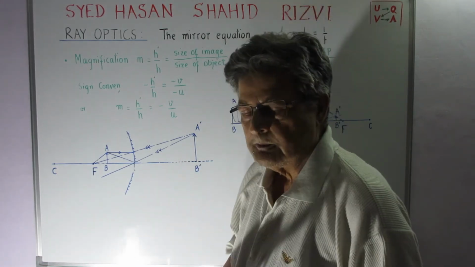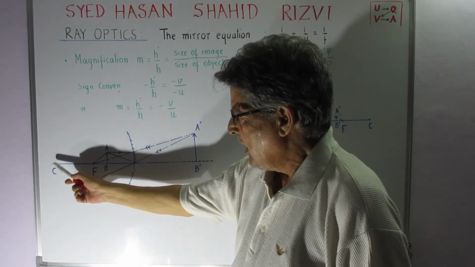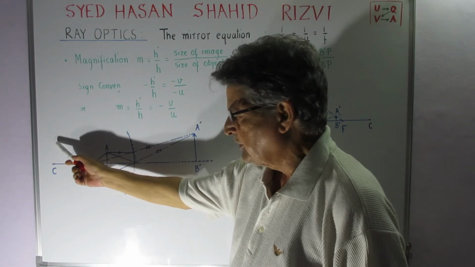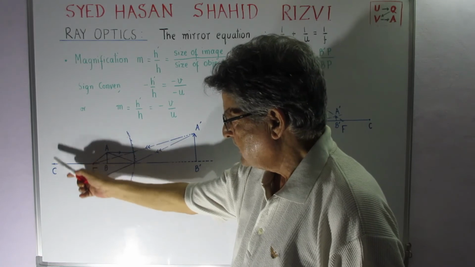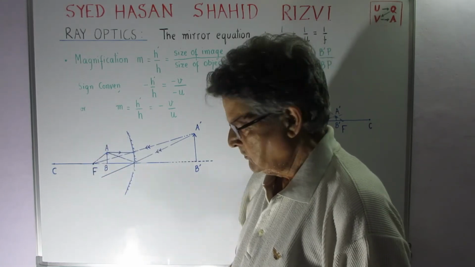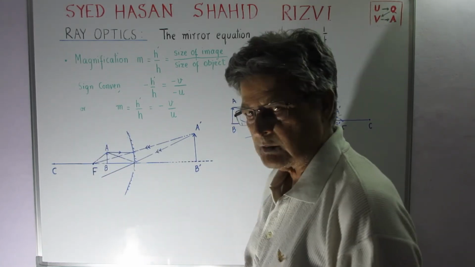You can draw the object being put at the center of curvature, then the image will be inverted and of the same size. You must draw that. I am not going to draw it.